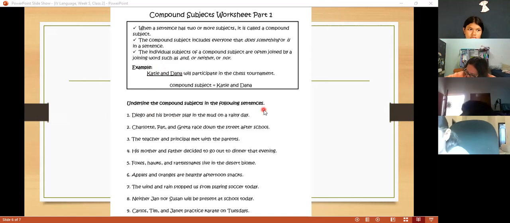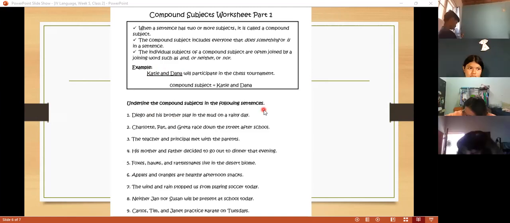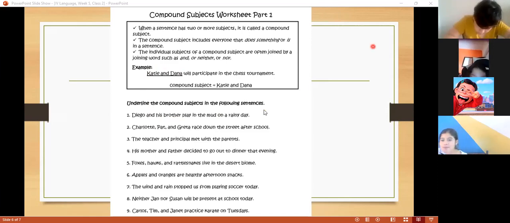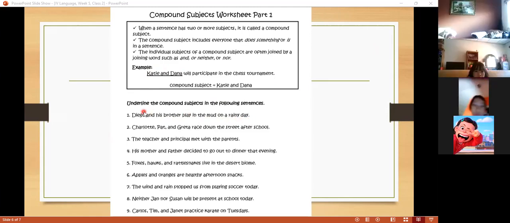Now, sentence number 1. Sian, help me to read sentence number 1. Dion and his brother played in the mud on a rainy day. What is the subject in the sentence? Not the verb. The subject, the 2 nouns, the persons we're saying something about. Played in the mud on a rainy day, okay, that is the predicate.